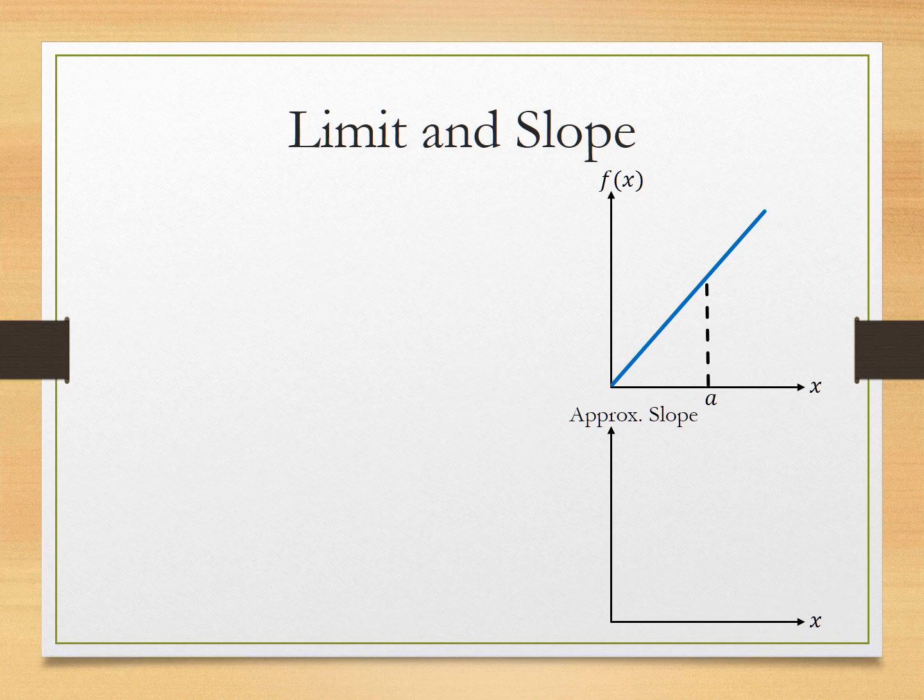The approximation is going to be accurate because it's a straight line, but the process is the same. So we have a point x, we have a point A, that's the point we want to find the slope for, and we approximate the slope by picking a point very far away.